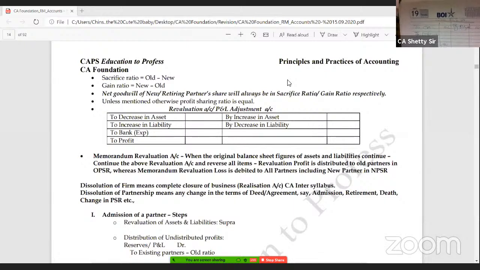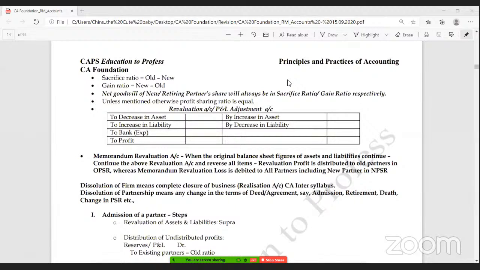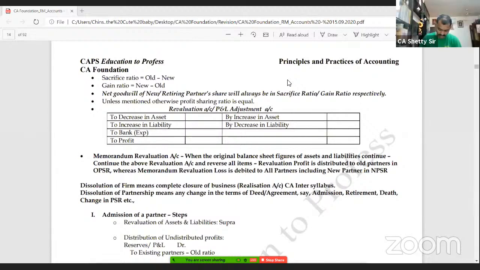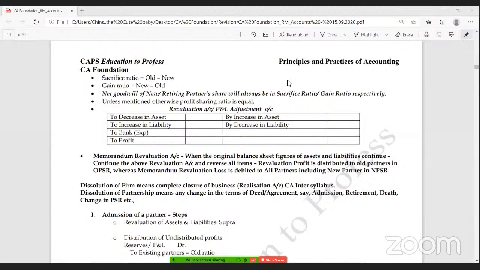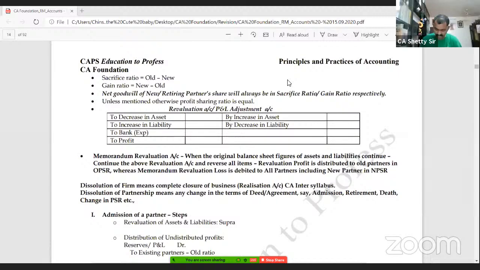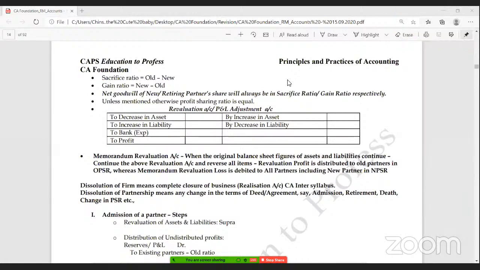Now you have to continue this. Drag it down like a trading P&L account and do the opposite. By building becomes, you can write in black ink. You can use the blue from earlier. To building, 100. By creditors, 10 lakh.